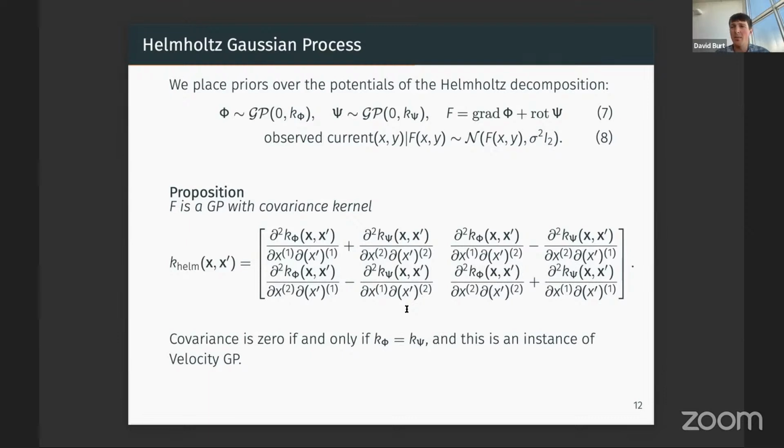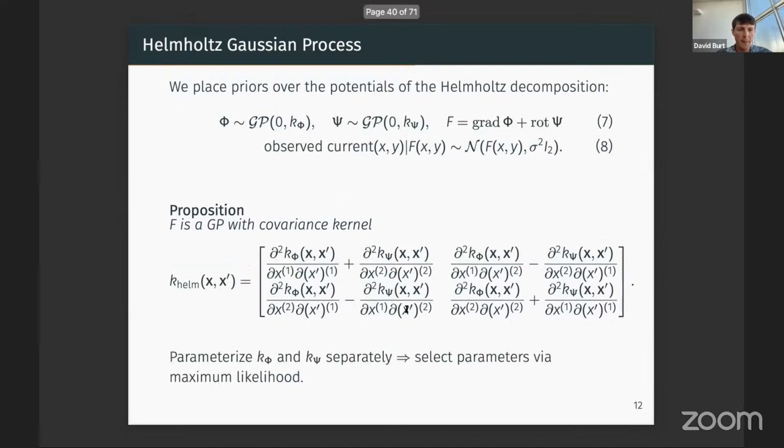But otherwise, we end up with correlations between the U and V components, which we didn't have in the velocity Gaussian process. So otherwise, it is actually a distinct model. So in practice, what we do is we parameterize k phi and k psi separately, and then we select parameters via maximum marginal likelihood.